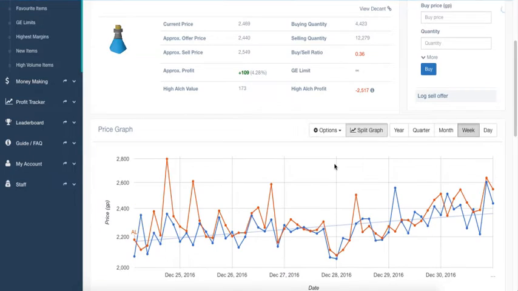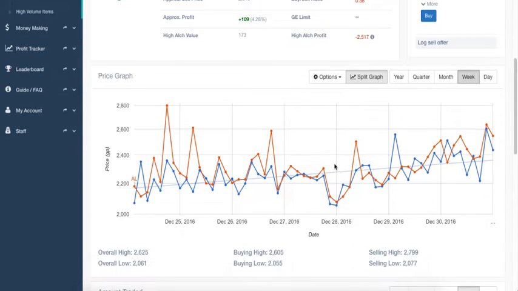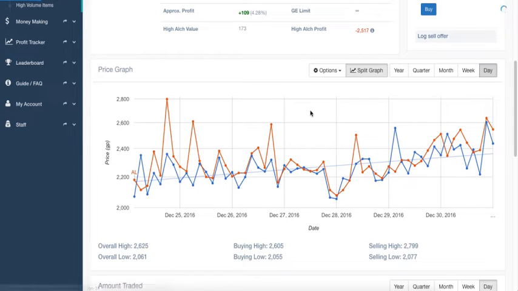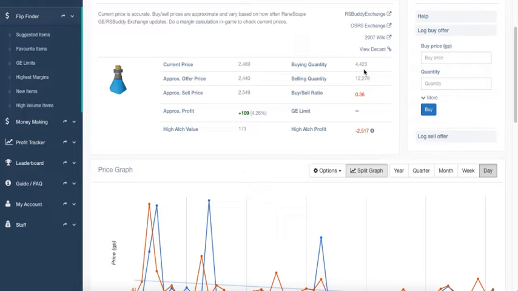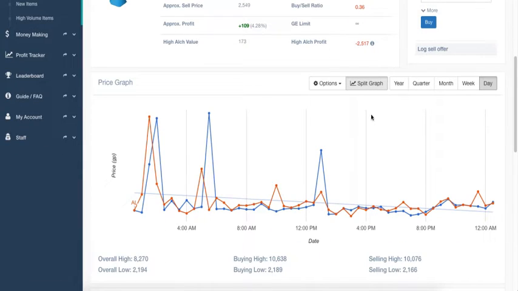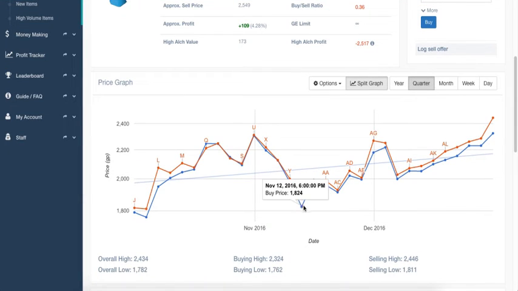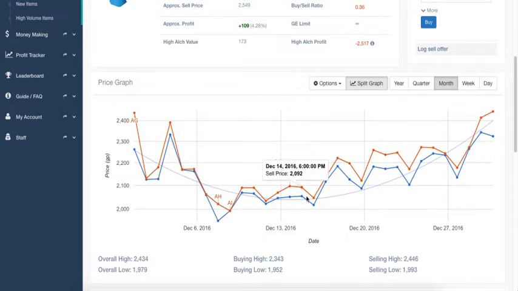Okay. It's pretty erratic. So the margins could possibly be there. Even though there's more sellers than buyers, it is kind of erratic, and those margins might actually be there for some of you merchants out there.